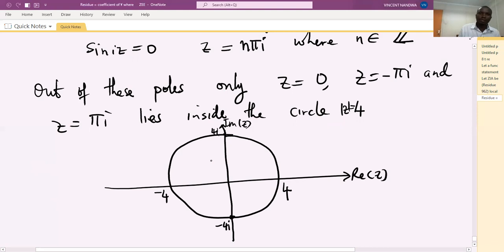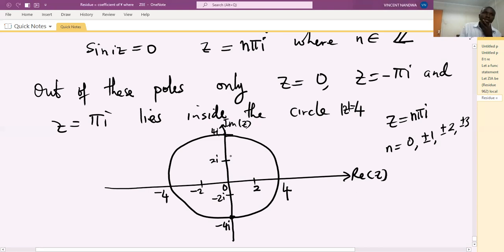So here we have 2i, minus 2i, 2, and negative 2. And you see our z values of the poles are n pi i, where n is 0, plus or minus 1, plus or minus 2, plus or minus 3, etc.